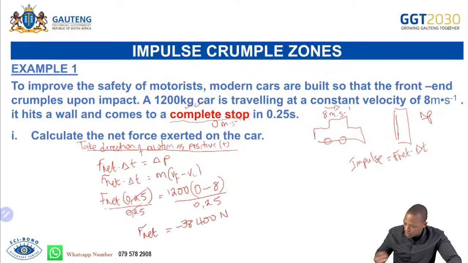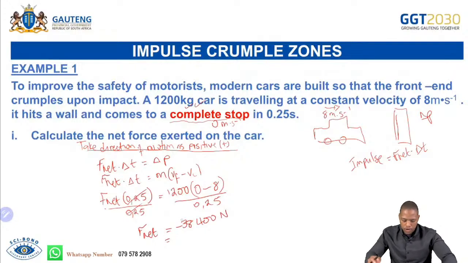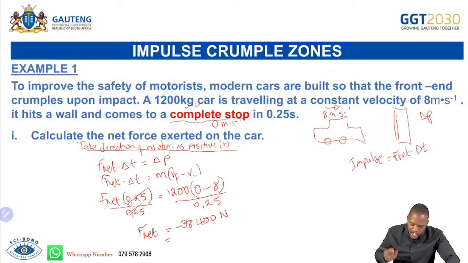38,400 newtons, right? Now I cannot leave my answer as a negative 38,400 because negative is not scientific, it's a mathematical symbol. Yes, it symbolizes the direction which is in the negative direction, but scientifically it must be written in words that 38,400 newtons faces in the opposite direction.